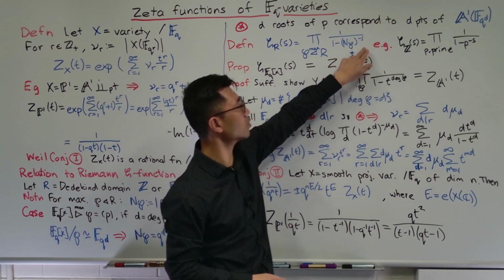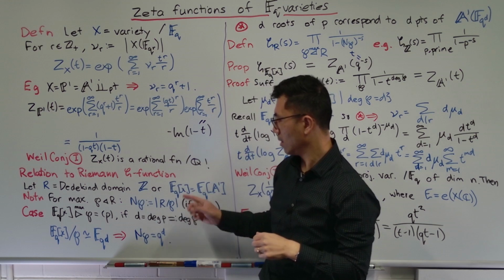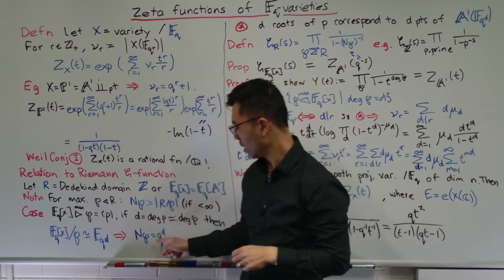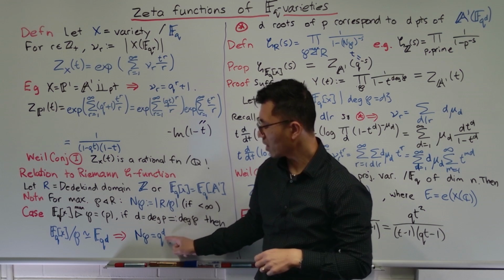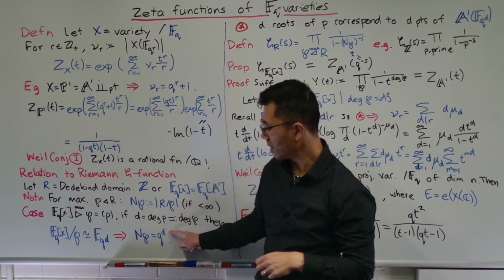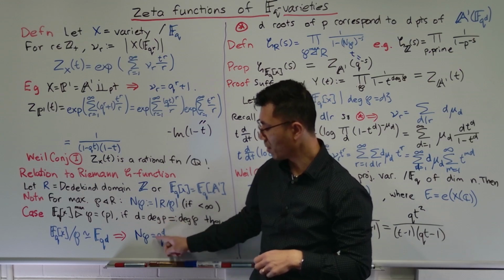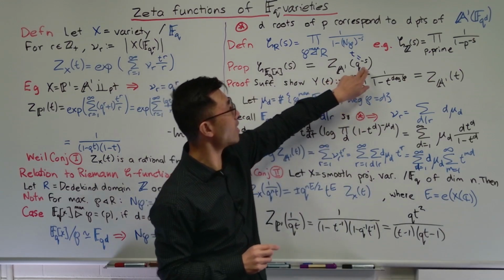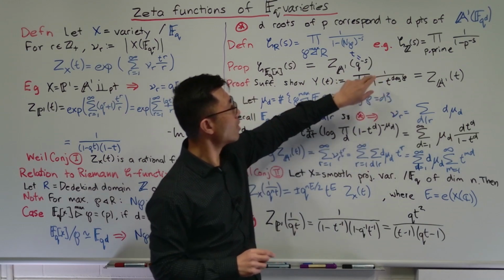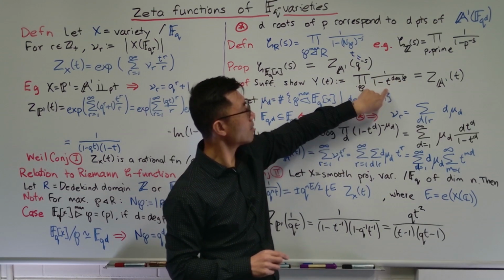What's that equal to? What's the norm of P? The norm of P is going to be q to the d. If you take q to the d to the minus s, that's q to the minus ds, which is also the dth power of q to the minus s, where d is the degree of P. So it's the dth power of t.